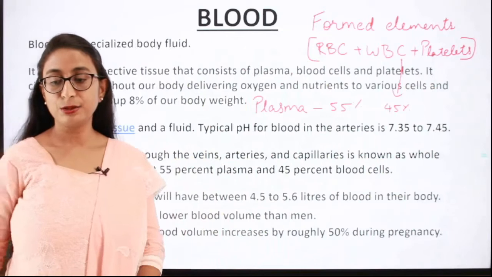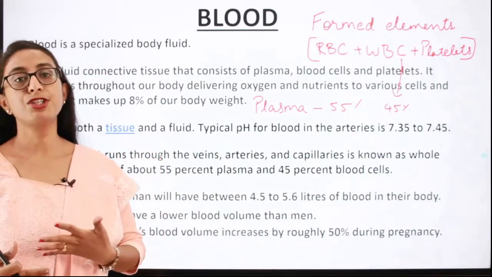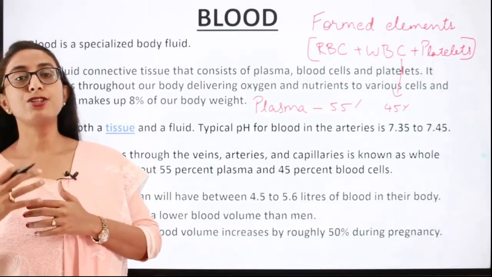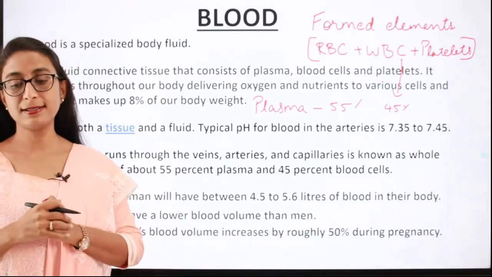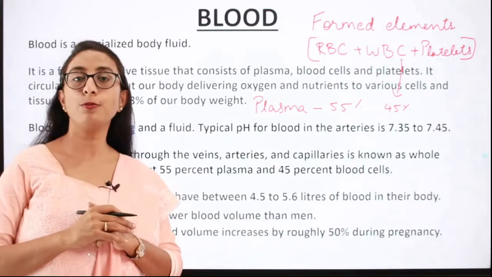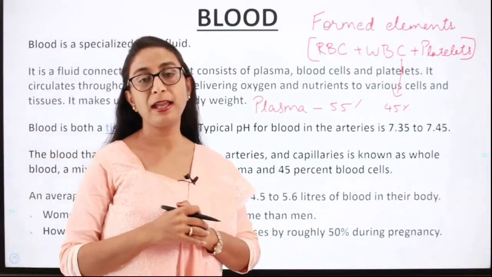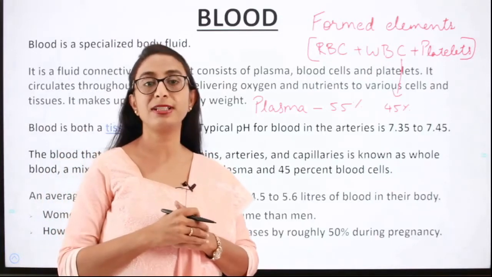In an average adult human, the volume of blood is 4.5 to 5.6 liters, and women usually tend to have a lower blood volume in comparison to men. That is because of the high fat content present in women. However, during pregnancy there is a 50% increase in the blood volume in women also.